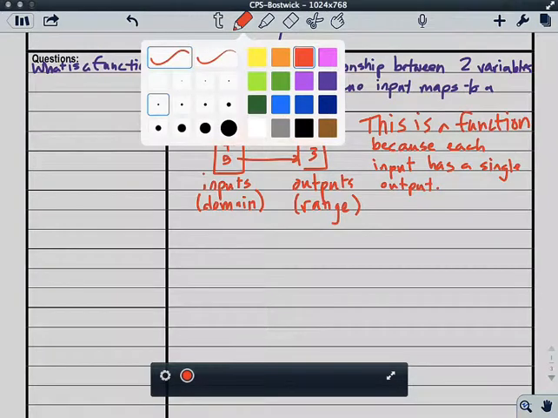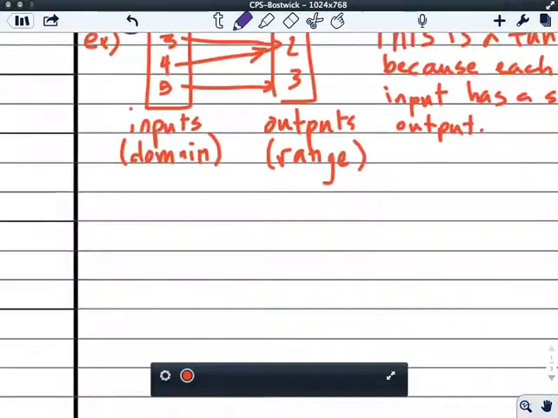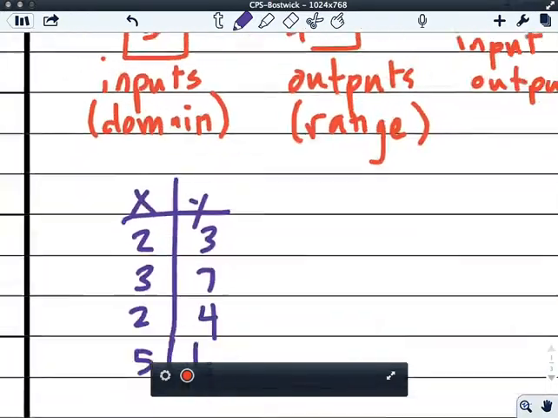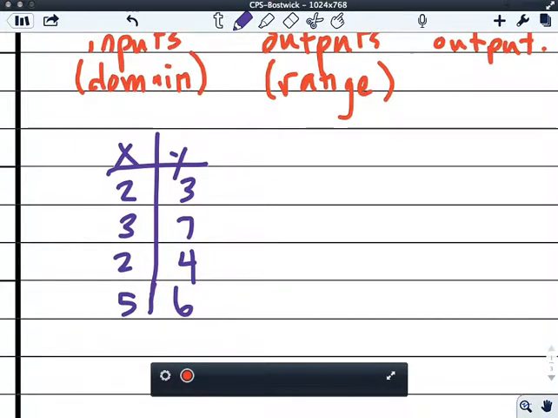Let's give you an example of something that's not a function. We'll do it in a slightly different context. Let's make a table of x and y. X is usually our input value. Let's say we're just collecting some data. So for this situation, we have x and y.